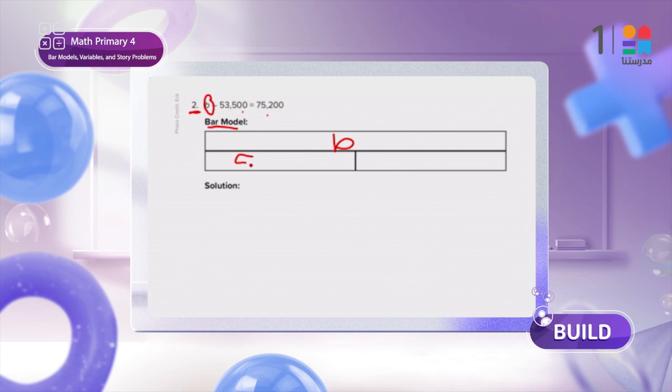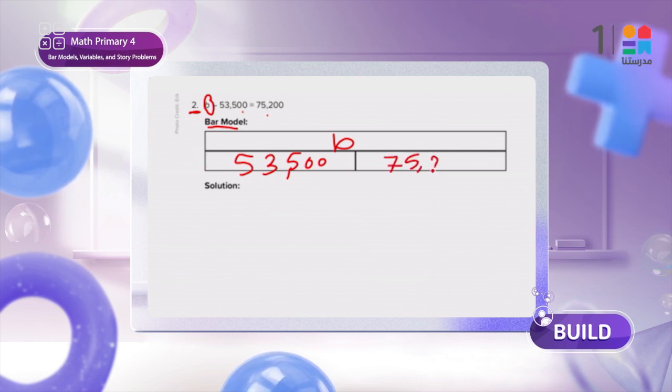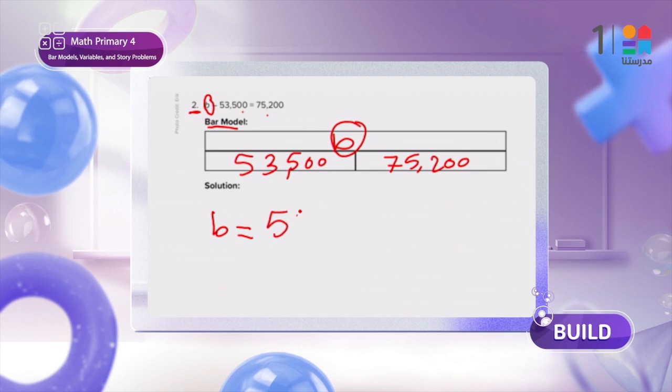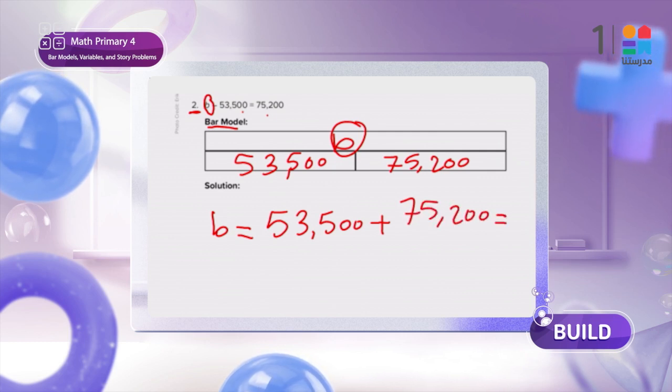I can write here 53,500 and the second part 75,200. Now, to find B, what should I do? Yes, B equals 53,500 plus 75,200. I did plus because B is the whole number.